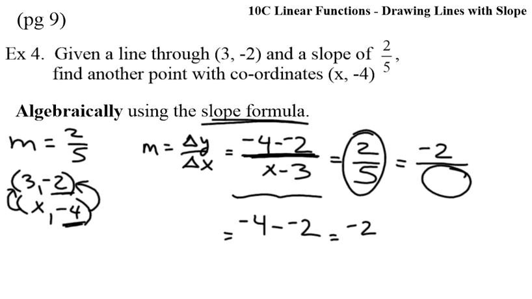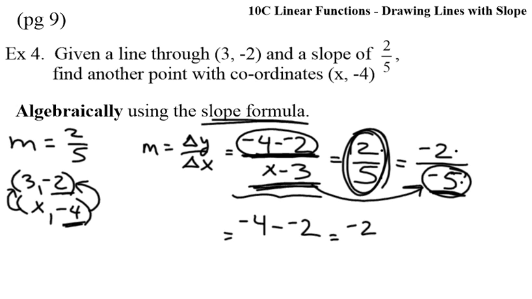If I had a -5 on the bottom, -2 over -5 is what we need. So I need my x minus 3 to be -5.